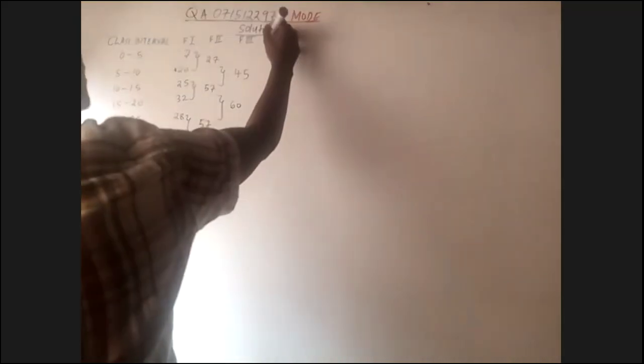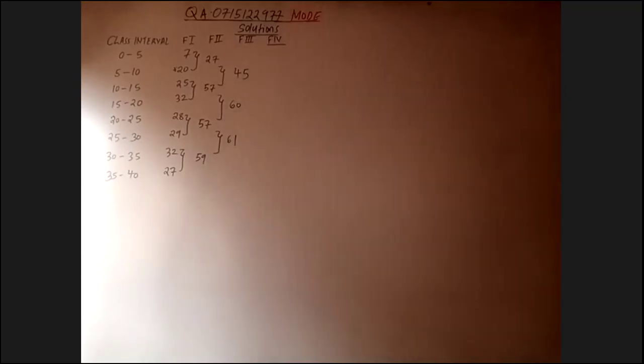We go to frequency number 4, mpaka tufike around frequency number 6. So what do we do under frequency number 4? We take the total of the three frequency, but we need to ignore the first frequency.